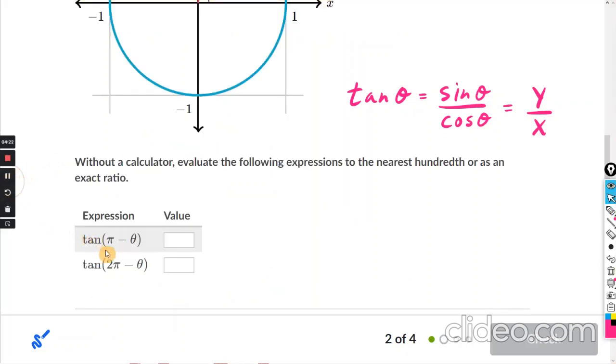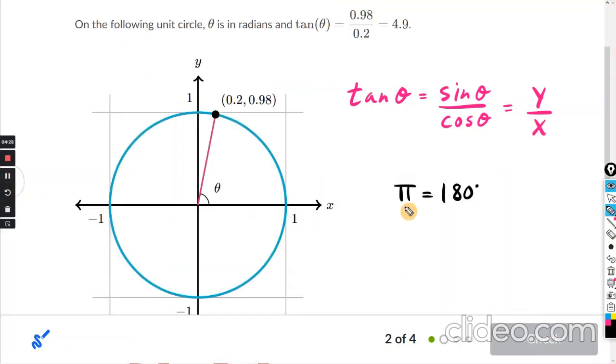For the first one, they want us to find the tan of pi minus theta. Let's take a look. Recall that pi equals 180 degrees. If we do pi minus this angle here, we're starting at pi, and we're subtracting this much. So we're going to wind up right here.